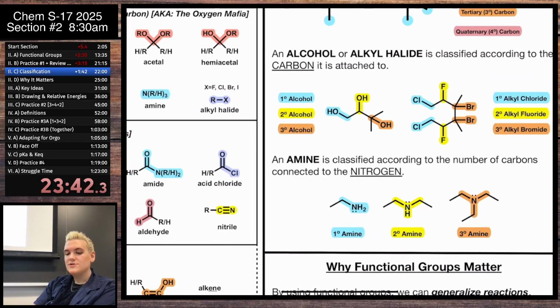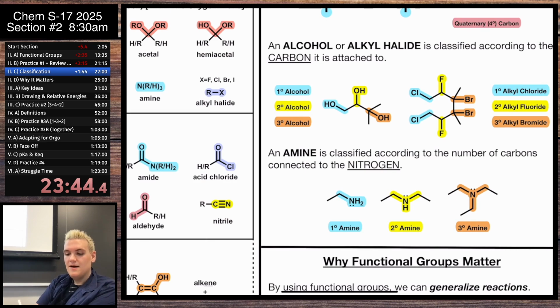The one thing that's tricky is we use this system based on the carbons for alcohols and alkyl halides, but when we're talking about amines, we actually care about how many carbons are connected to the nitrogen. So it's a little bit different. Here, we would call this a primary amine. Even if, let's say this was a secondary carbon, that's still a primary amine because there's only 1 carbon attached to the nitrogen. 2 carbons attached to the nitrogen, secondary amine, 3 carbons attached to nitrogen, tertiary amine.